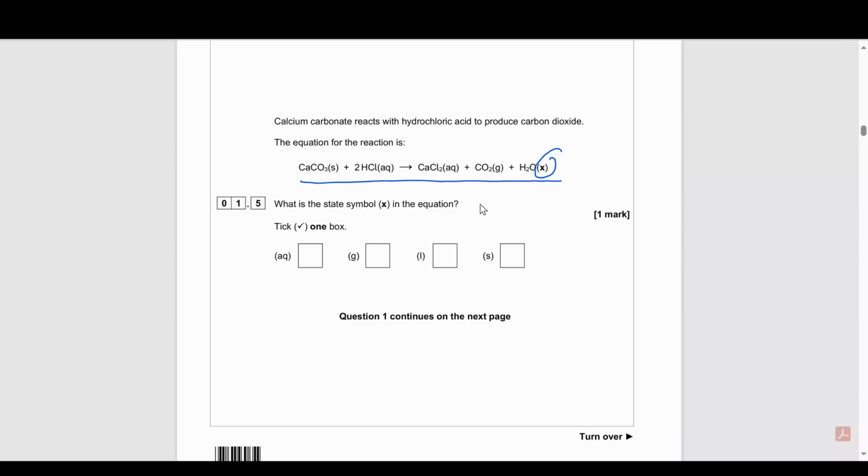Well, water can't be aqueous because something would need to dissolve in water for that to be the case. We've already got one of the gases produced, and that's carbon dioxide, so it will not be that. The water's not going to be a solid because it's not going to form ice, so it can't be that either. So our water must be then a liquid.